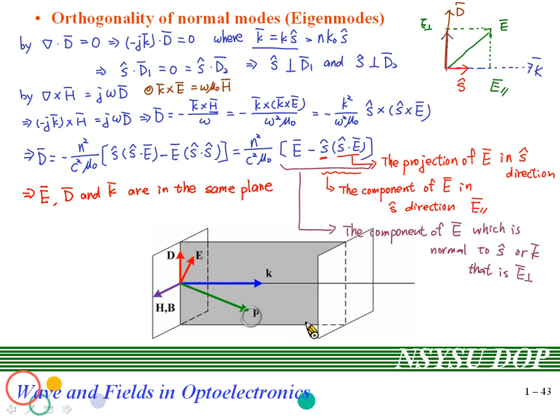For the plane in gray, the D, E, K lie in the same plane like this. Okay? Try to think it again. So from the expression, we know that the D will be proportional to E normal.